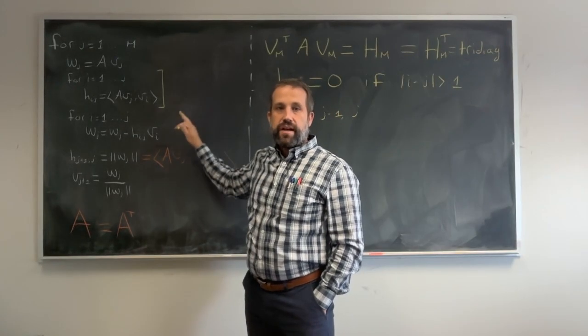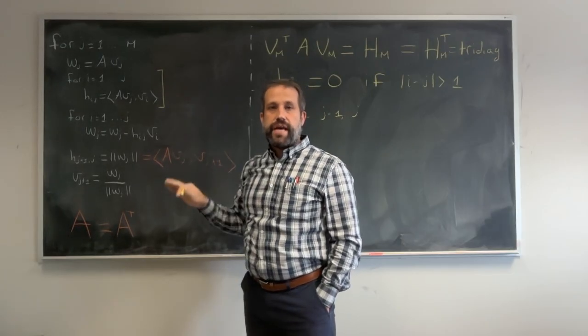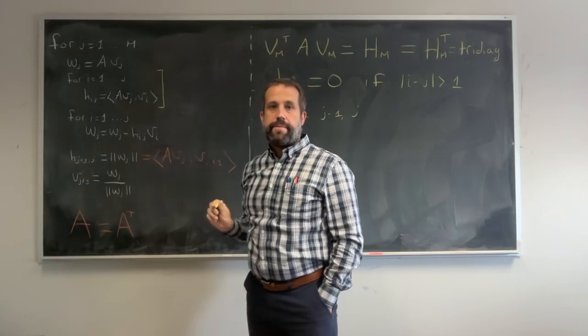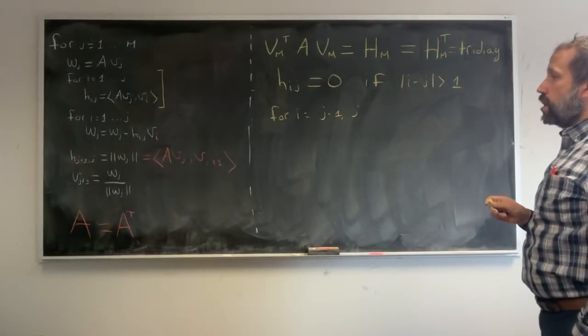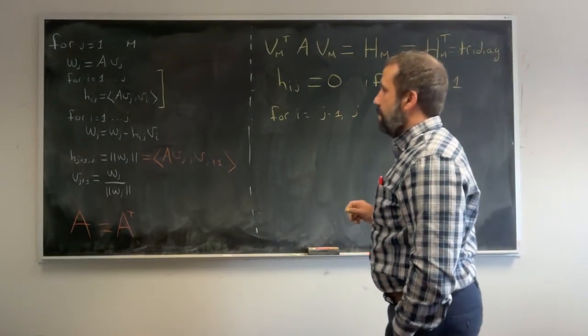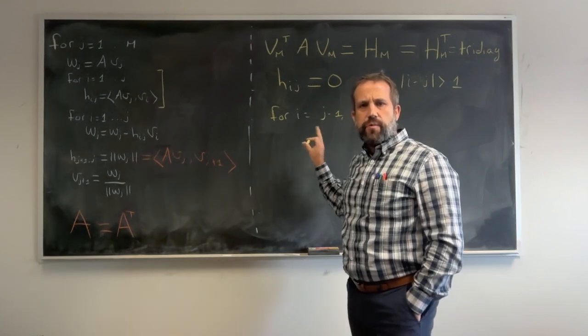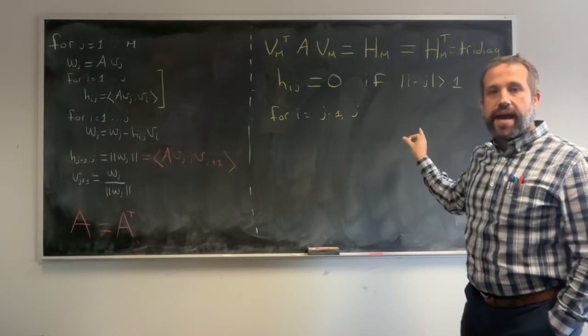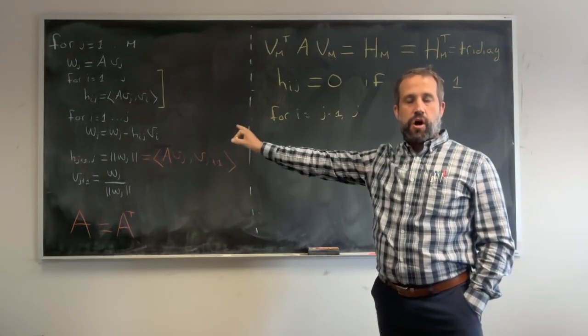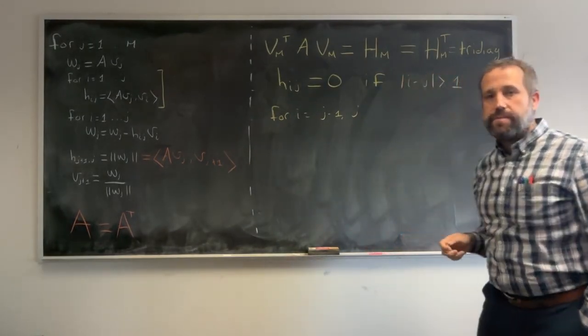Mathematically, this and modified Gram-Schmidt are the same, but I think this is a little more clear what's happening. So for i equals j minus 1 and j, we're going to compute some coefficients. And you might be thinking that we can use some tridiagonal things to help us here. The answer is at some point yes, but let me just write out what the formulas are, and then we can see how we can make them even easier.